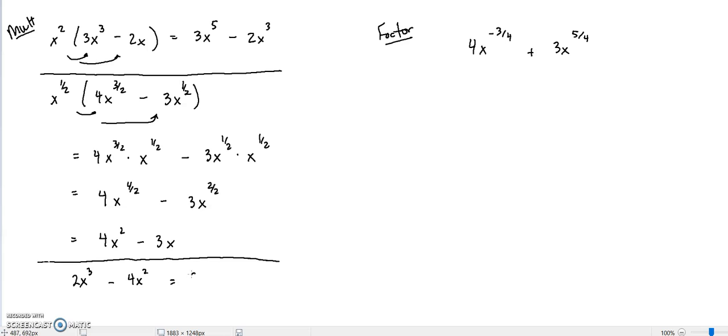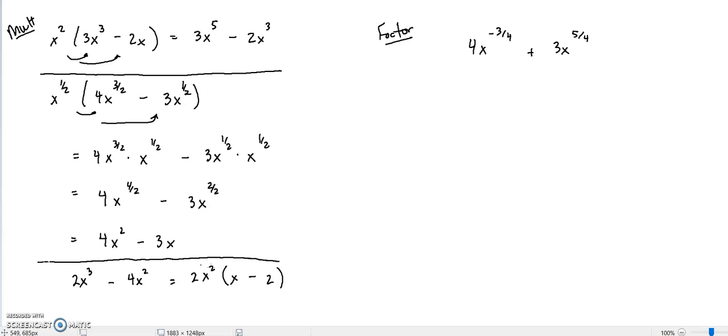So I can take out a 2 and I can take out an x squared, right? And when I do that, I divide the coefficients and I subtract the exponents, because when we're multiplying, we add the exponents. To do the opposite, we subtract. So when I take out 2x squared, I'm going to be left with x minus 2. Okay, so we divide out the coefficients and we subtract the exponents.